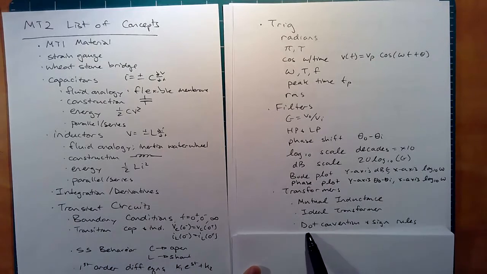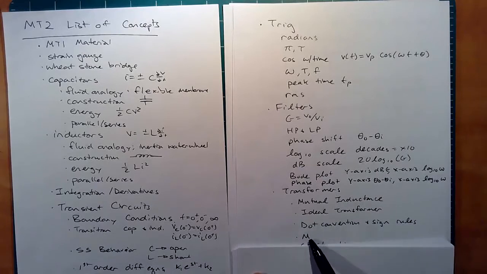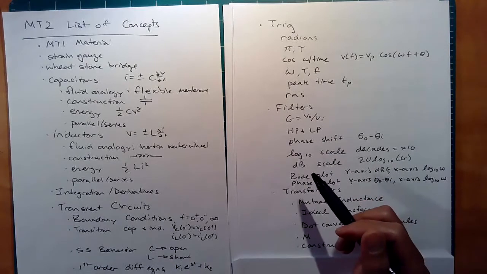Okay. Dot convention and sign rules. The dot convention sign rules apply to both the ideal transformer and mutual inductance equations. We talked about how M is dependent on the number of turns and L and coupling factor, right? All the different forms, and also the construction, right? Pretty straightforward construction. That's why they're so popular. They're so powerful because you can make them relatively cheaply.